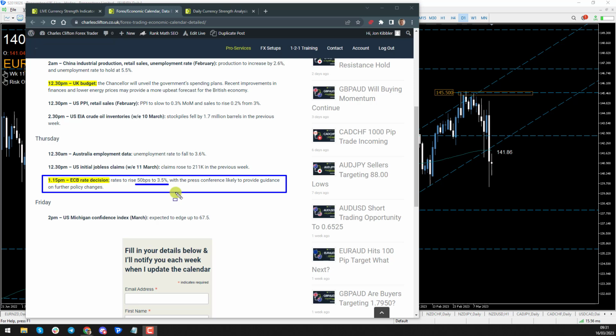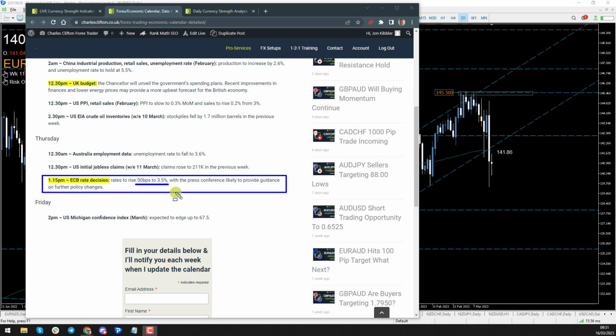There's a lot of calls for either 25 basis points or even to pause hiking altogether. The problem with that is it puts the credibility of the ECB up for cause for concern. So the ECB will not want to back down from this 50 basis points hike.